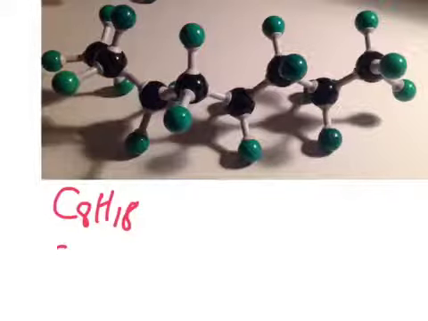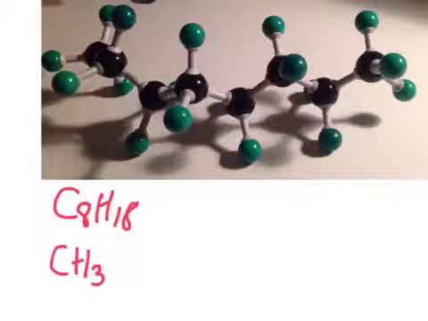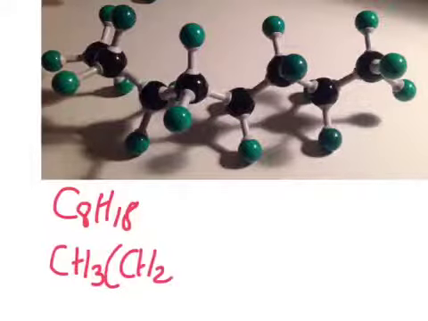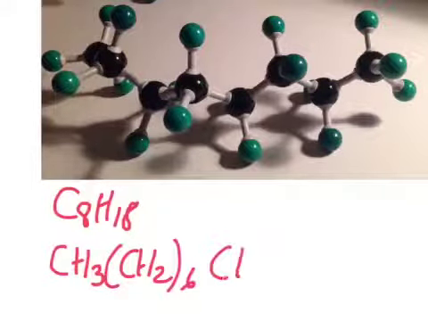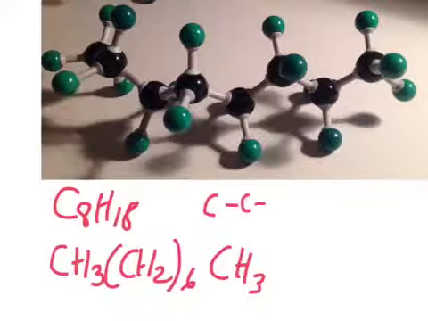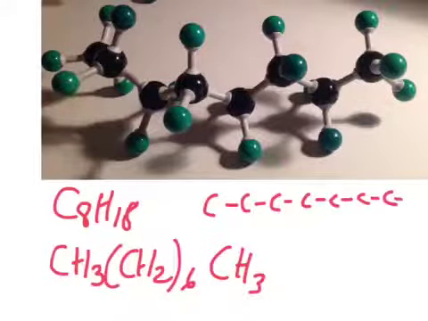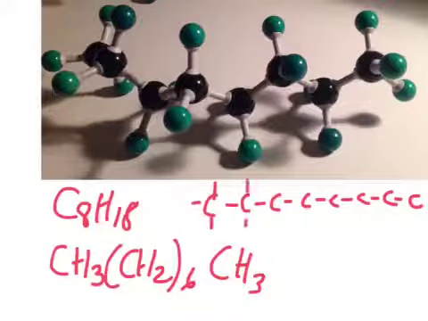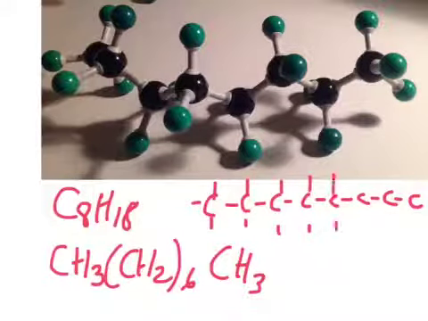Okay, CH3, CH2, CH3, CH3, CH2 6 times, CH3, or if you prefer, 1, 2, 3, 4, 5, 6, 7, 8, and then hydrogens coming off each one of these. My drawing's not that good, sorry, but there we go.